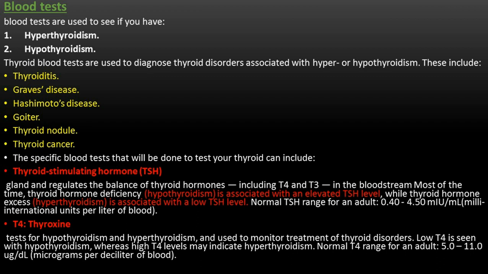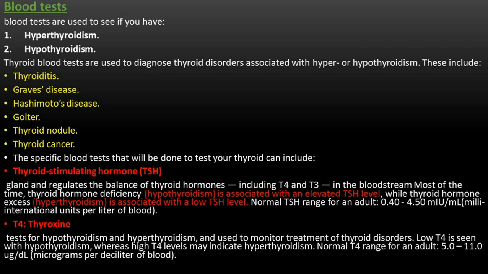Most of the time, thyroid hormone deficiency, hypothyroidism, is associated with an elevated TSH level, while thyroid hormone excess, hyperthyroidism, is associated with a low TSH level. Normal TSH range for an adult, 0.40 to 4.50 mIU/L, milli international units per liter of blood.